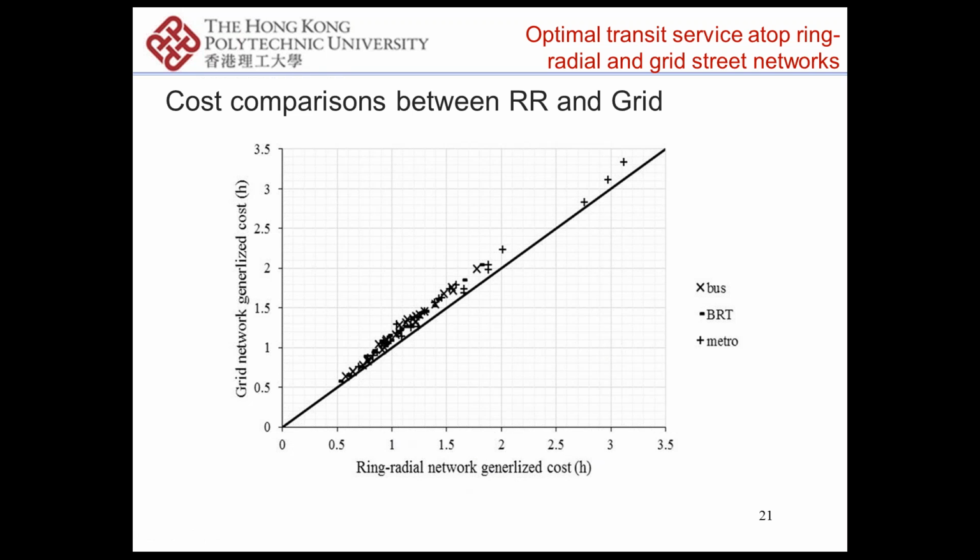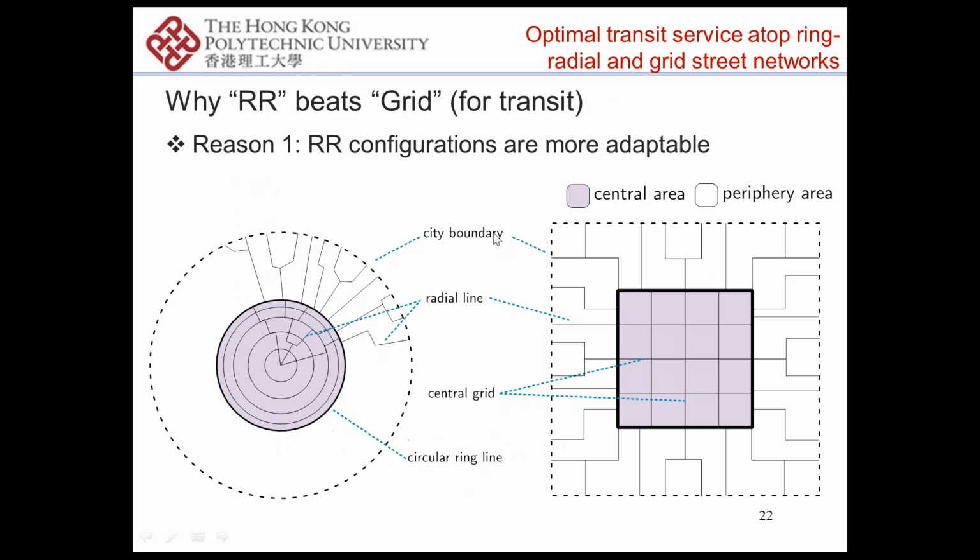Why? We can explain this using three reasons. The first pertains to the degrees of freedom of our models. We can say that the ring-radial configurations are more adaptable than the grid ones. For example, if you look at the central area only, the purple areas of the two networks, we'll find that we allow the ring spacing and the radial spacing to vary inside this central area.